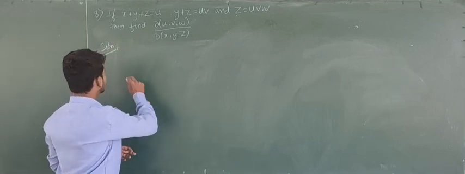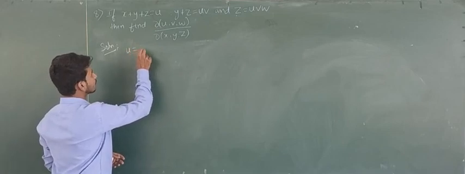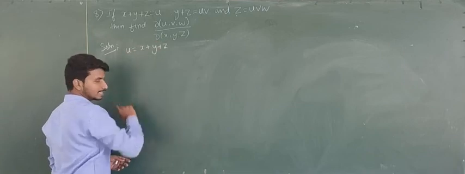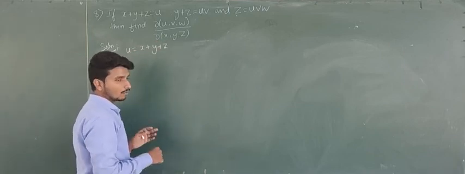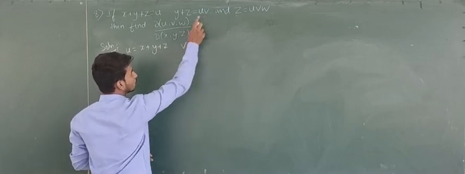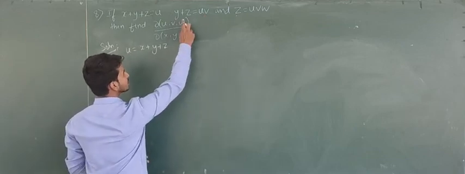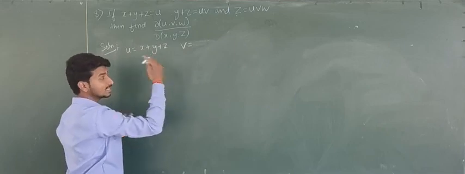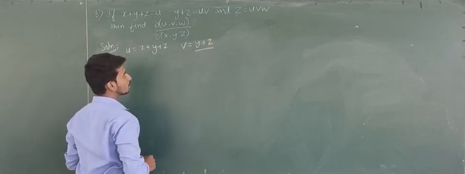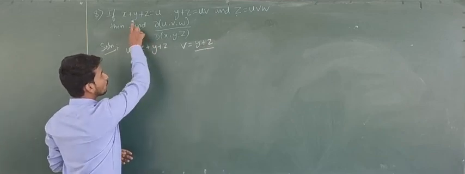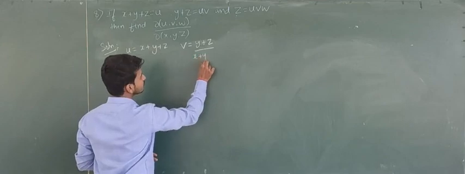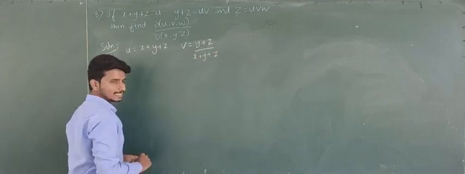Here, what they have given, the function u value is nothing but x plus y plus z. Next we want the value of v. We can write v as y plus z divided by u, where we already know u is x plus y plus z.